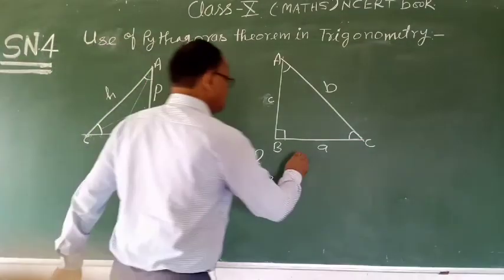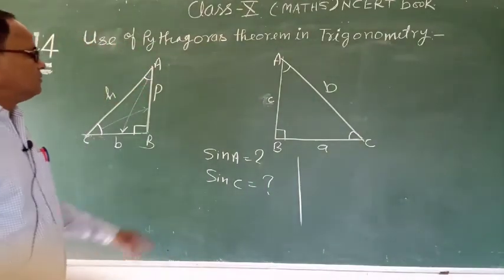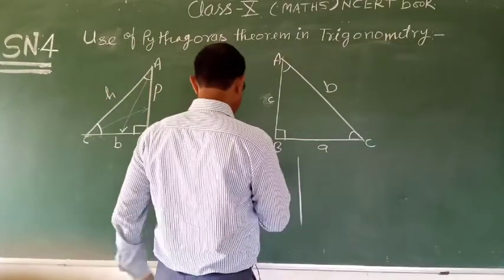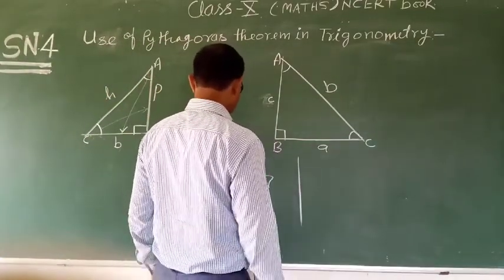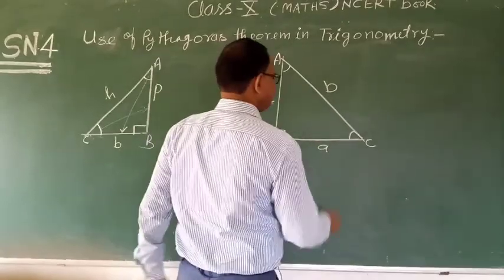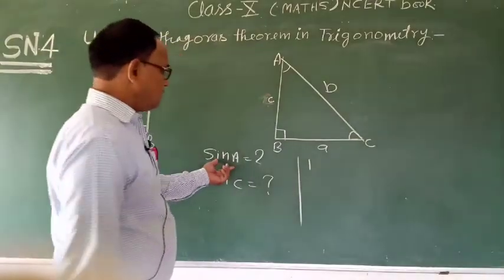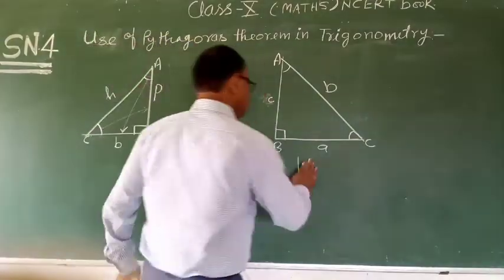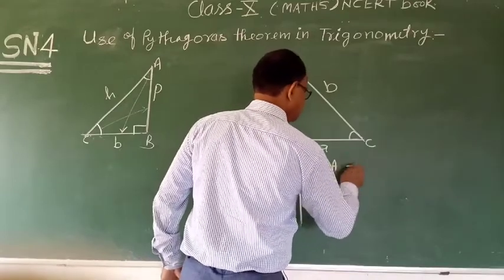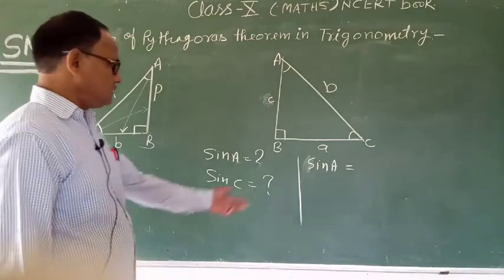According to the angle A, we determine the value of sin A. Here we write sin A is the ratio, perpendicular by hypotenuse.